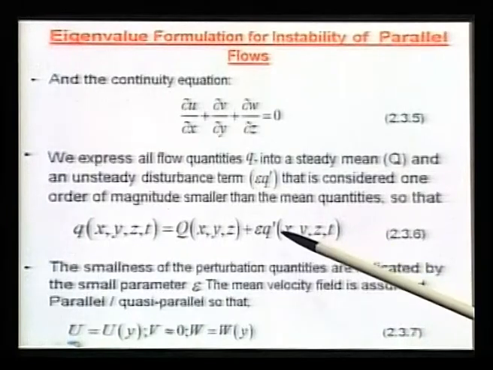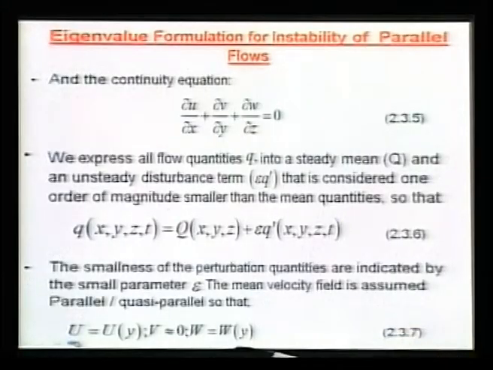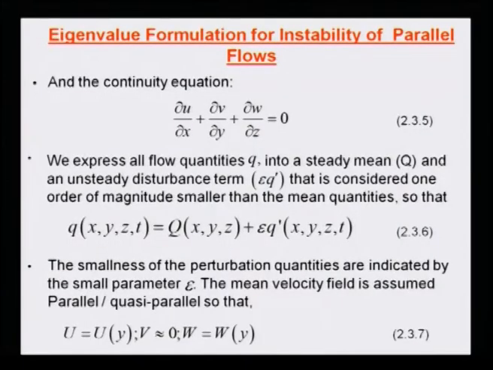And since we are doing a linear theory, we put in a small parameter epsilon to assist us in collating terms. Okay. Now, in addition, we say that we go by the same parallel flow approximation, right. So, now we have focused our attention on 3-dimensional flows.